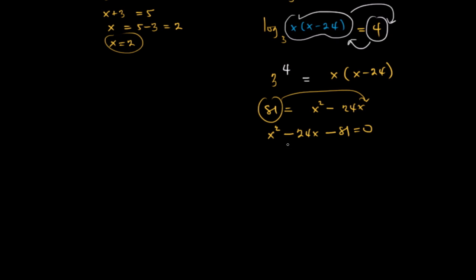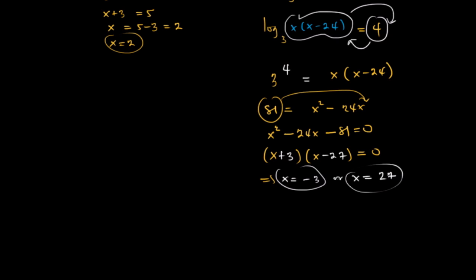Now when you factorize x squared minus 24x minus 81, what you would obtain is x plus 3 into x minus 27, and then this equals 0. So this implies that either x equals negative 3 or x equals 27. So you have two answers for this particular question. That completes the problem here.